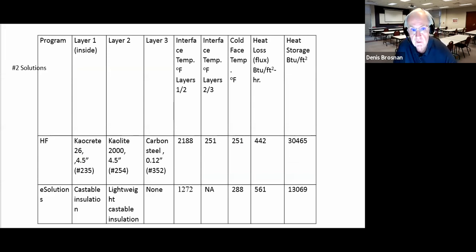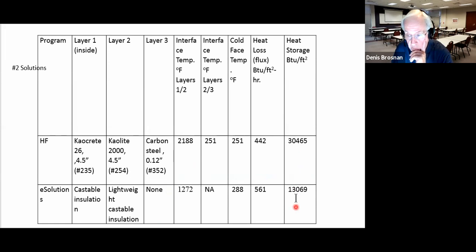So you can fill in all that data, and I hope your solutions are similar to this anyway, with a heat storage of 30,000 or thereabouts, with heat flow.